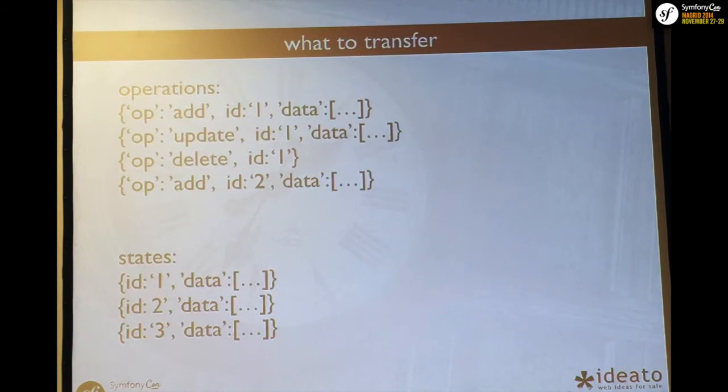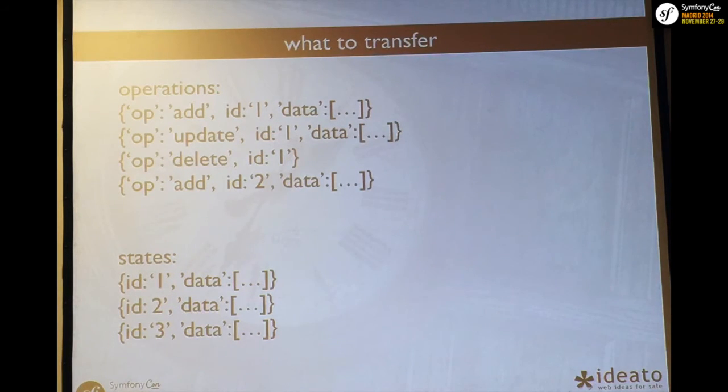Another thing we thought about was what kind of data you may transfer. Basically, you have two choices. You can transfer operations. So if I am creating a record on the mobile application, and then I edit it, and then maybe edit it again, the log of operations will consist of 3 records: add, update, and update.